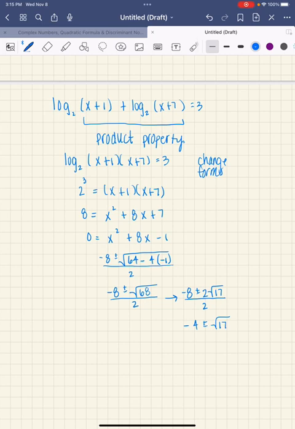You need to check. The argument of a log can never be negative. So negative 4 plus root 17 is 0.123 about. And negative 4 minus the square root of 17 is negative 8.123, give or take.